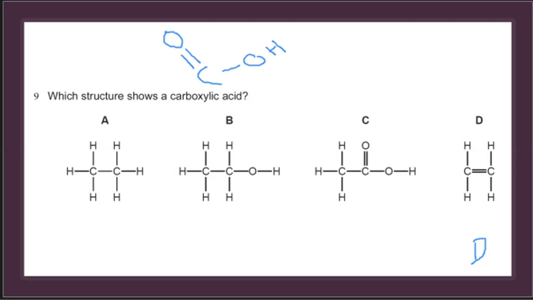So you're looking for that structure. So D as in dog is not the answer. One more try. C as in cat. Let's see if that has it. C double bond O, OH. Yes, that has the functional group. That is our answer. The answer is C as in cat.